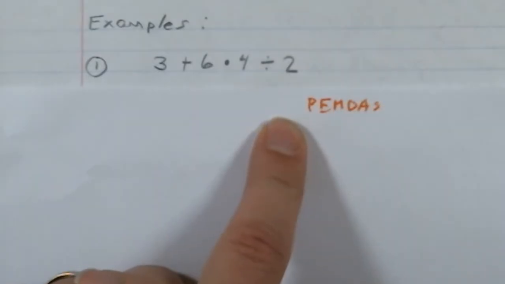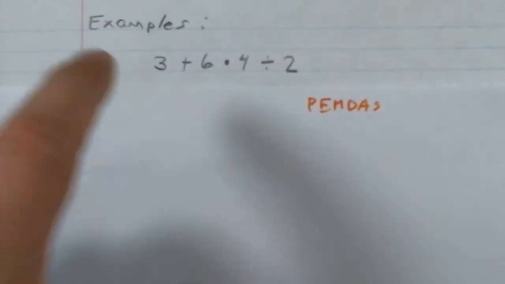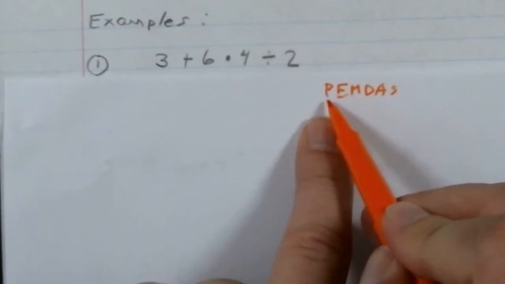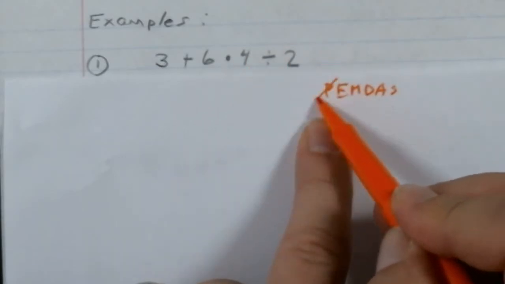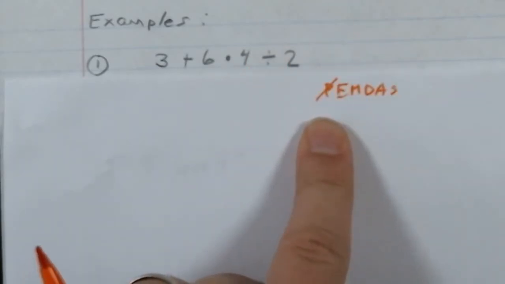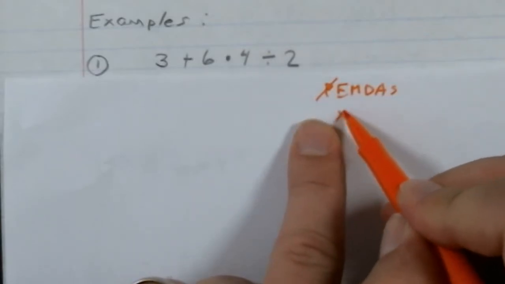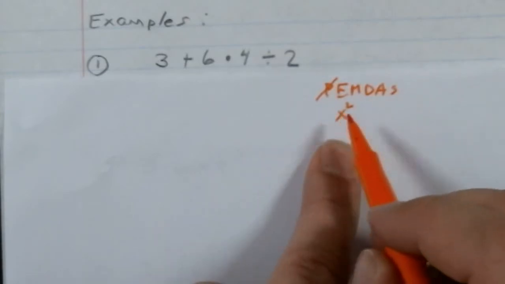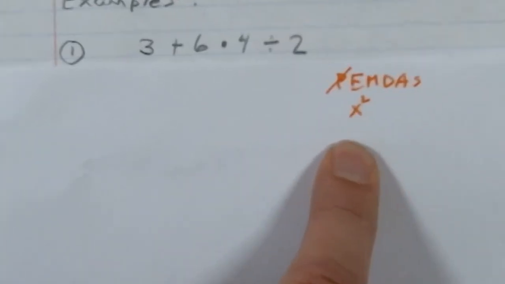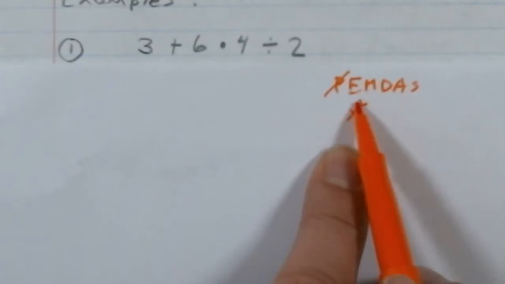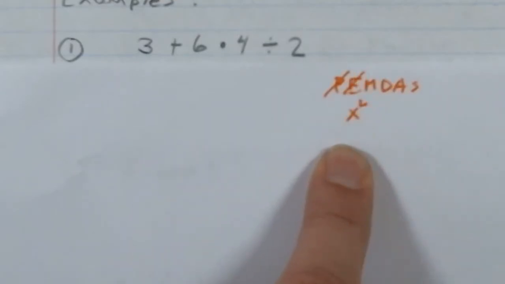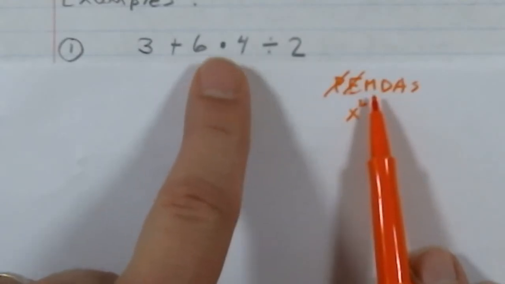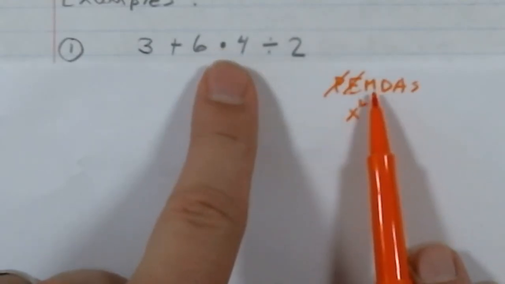First thing, I don't see parentheses. Do you see anything squared or raised to a power? I don't see any of that here. Do you see any multiplications? Oh, there's one right there. So that's what we're going to do first.